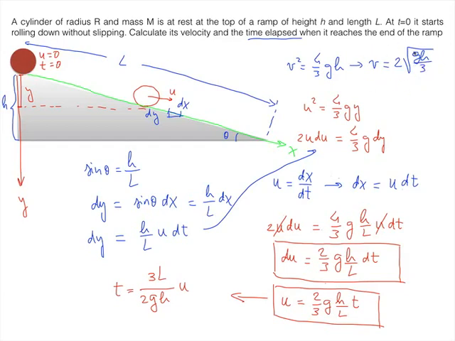So if we substitute u here with this value, we get that the time at this instant, in this position, when the cylinder has got to the end of the ramp, let's call it final, equals the time elapsed for the whole descent along the ramp, which equals 3 times L divided by 2gh, and then we have 2 times the square root of g times h divided by 3.